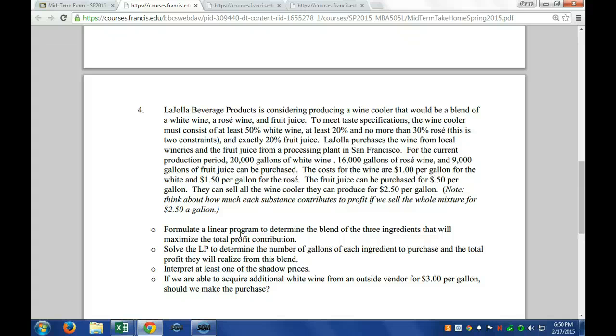I don't know how much wine I'm making, so that's going to be based on a summation variable, 50% of the total. It also says at least 20% and no more than 30% rosé. This is two constraints: one says greater than or equal to 20%, and another says less than or equal to 30%, because we want it somewhere in that 20 to 30% range.